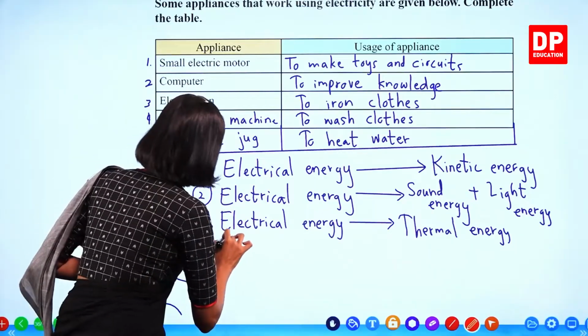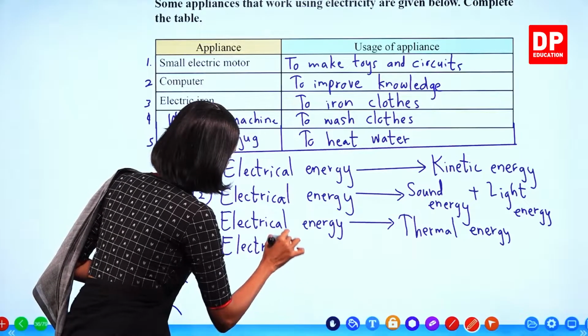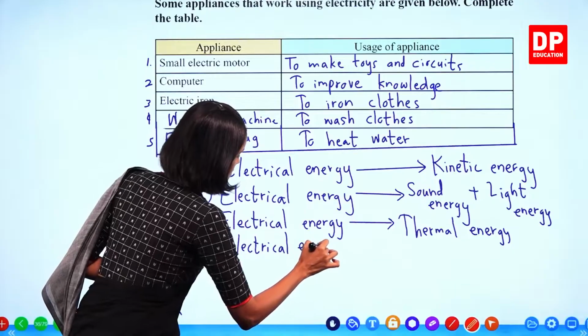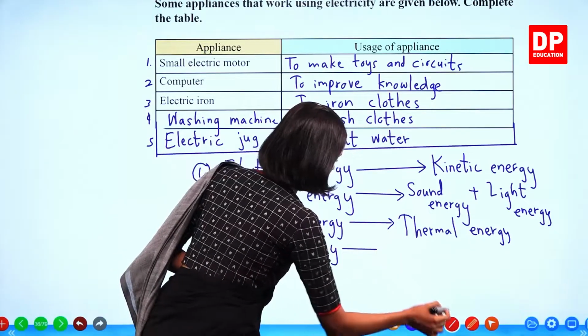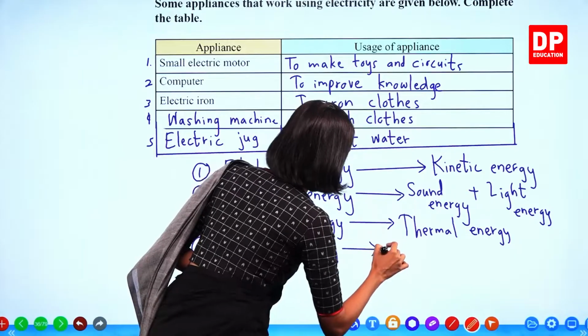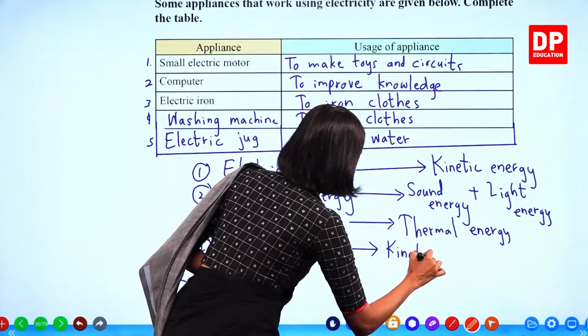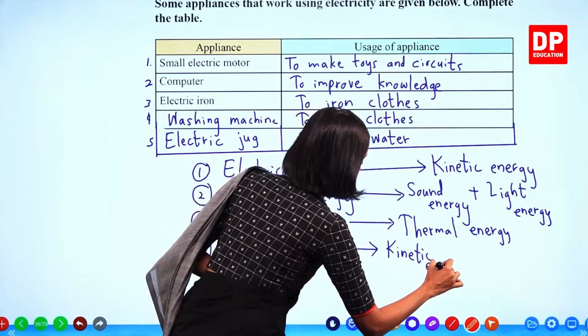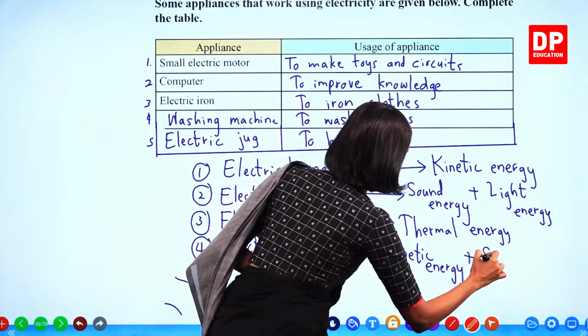So we can write electrical energy converts to kinetic energy and sound energy.